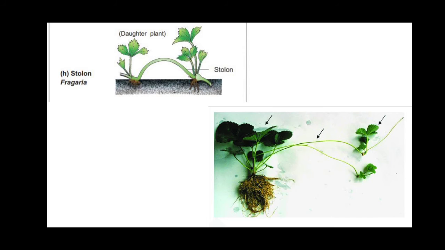That region is always going to be the node region, and from there these nodes are going to grow into a full plant. As you can see in the image shown here with the example of the strawberry. The bottom image is that of the strawberry, where this plant is growing. Means strawberry plant, you place it at one spot, and from there you find that numerous stolons will come out.